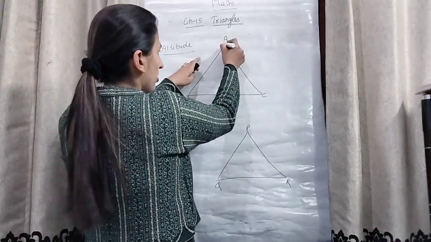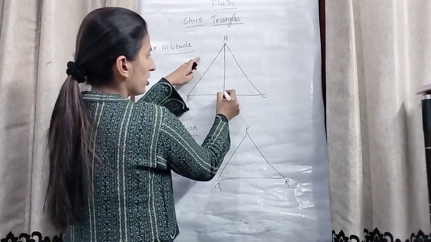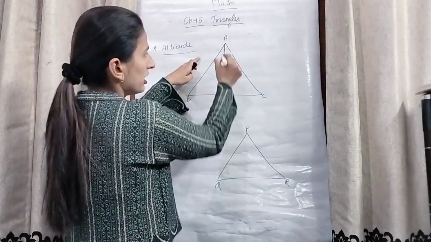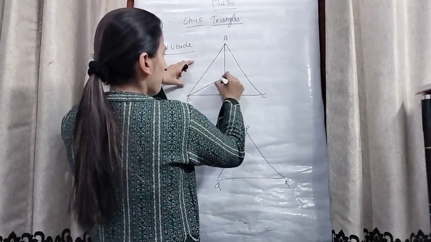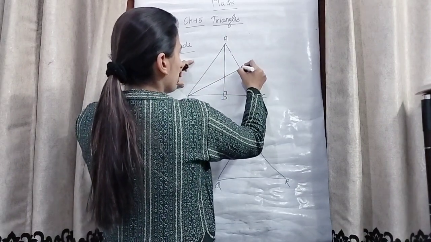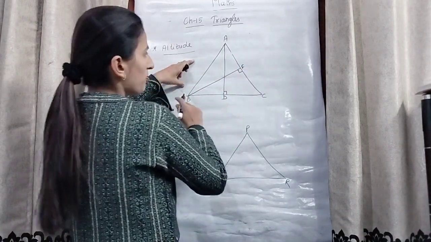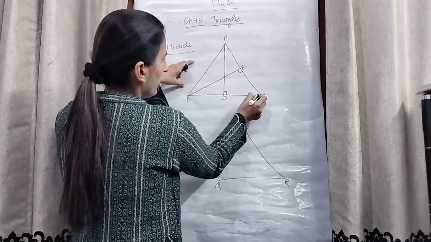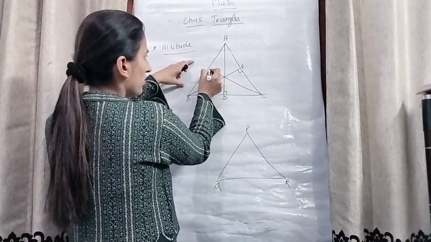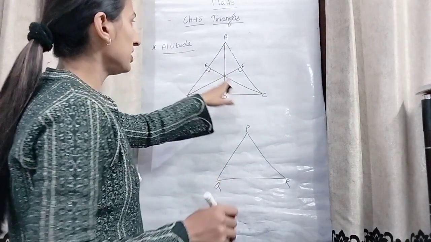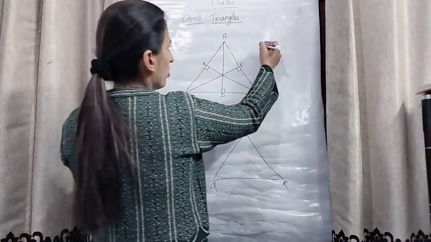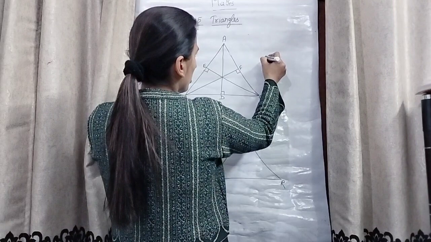See, if we draw perpendicular AD, then AD is the altitude. If we draw perpendicular BF, then BF is our altitude. And if we draw perpendicular CE on side AB, then CE is the altitude. So what are the altitudes here?